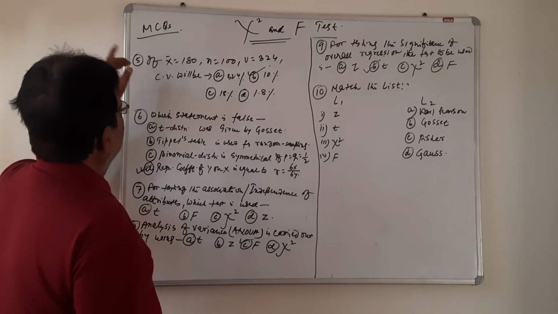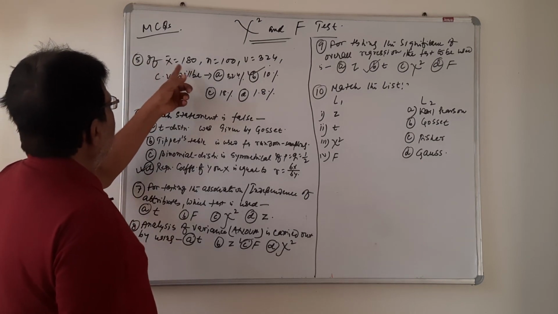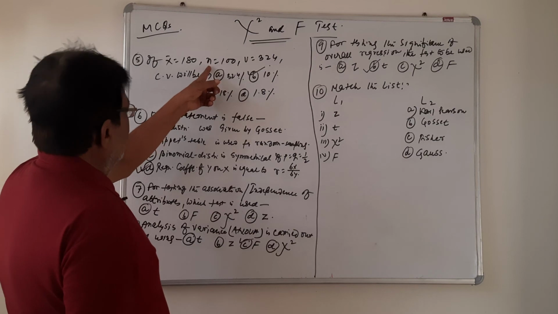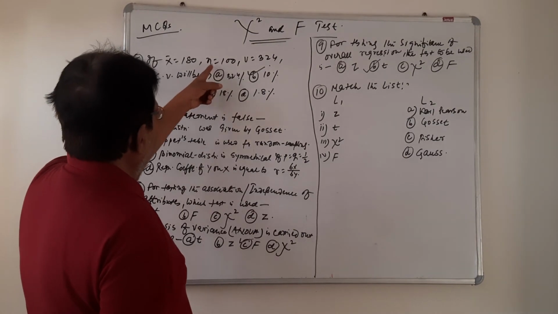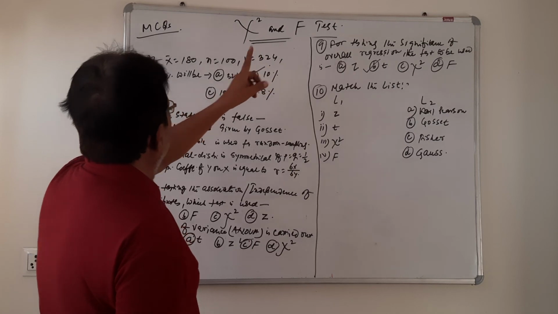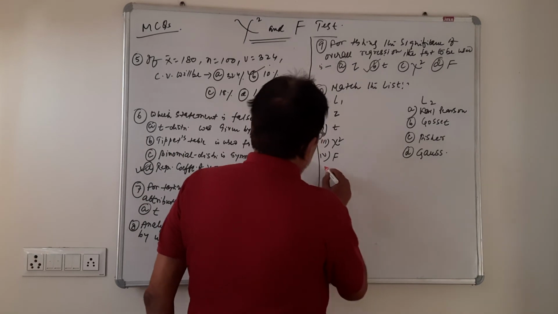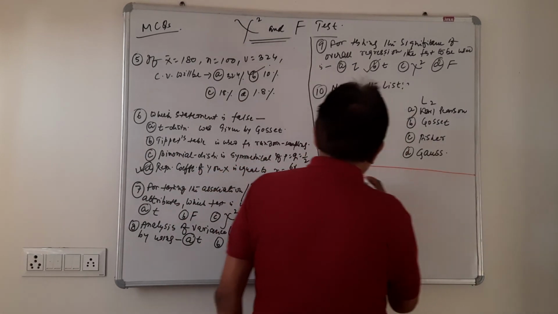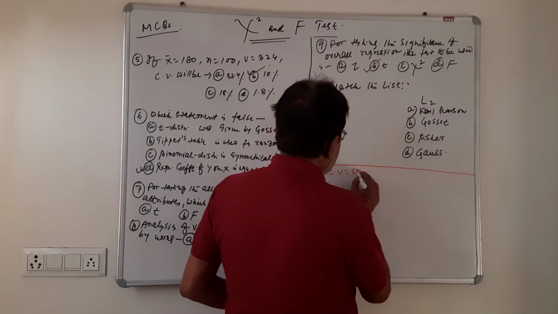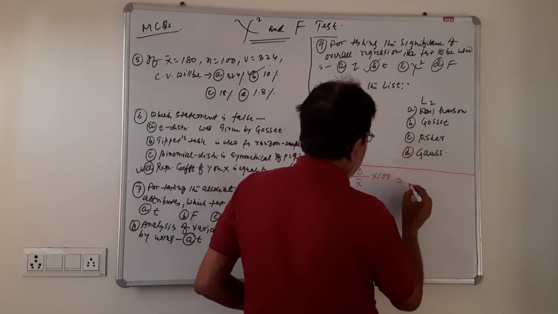Question number 5 says that for any given data, the mean is 180, the size of the sample is 100, and the variance is 324. CV will be, if we remember the formula, SD by mean into 100.